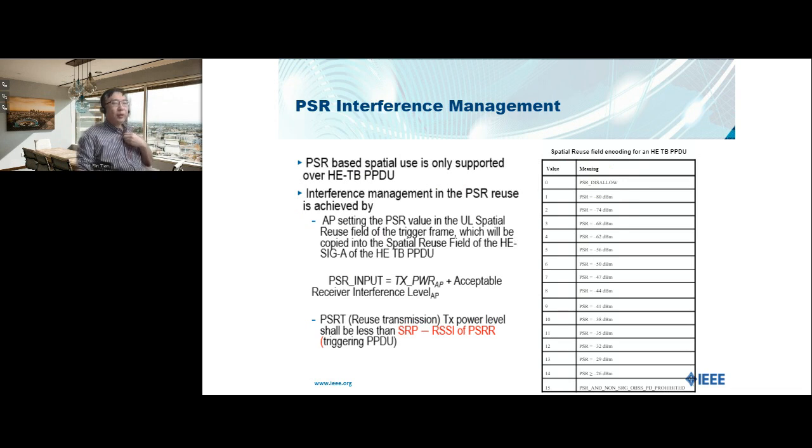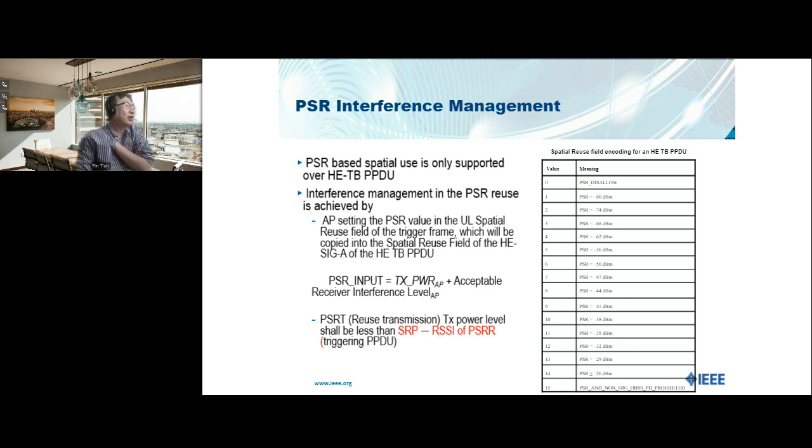In other words, the next pages will tell you what the triggering AP will put in the trigger frame: its TX power level and its acceptable interference level, to all the OBSS stations. All the OBSS stations, based on the TX power, will compute the downlink path loss. Based on the interference level it can tolerate, it can compute its transmission power.